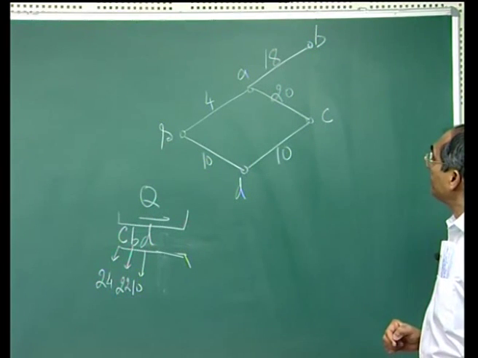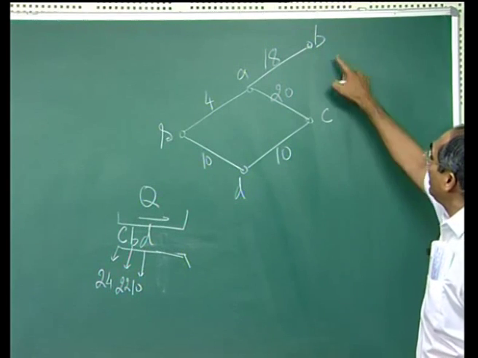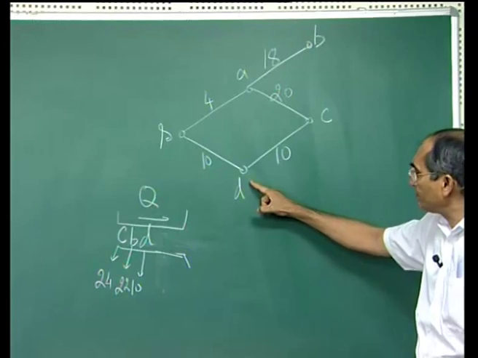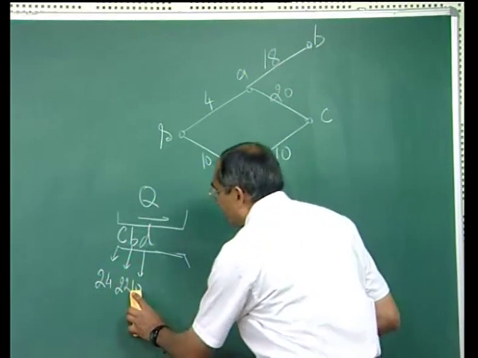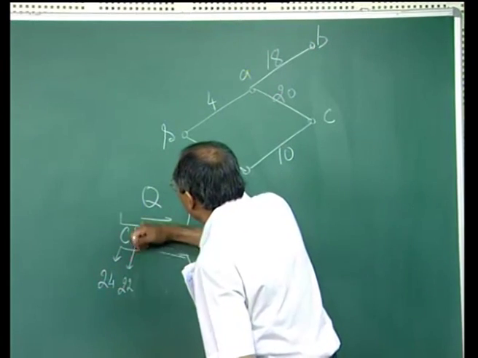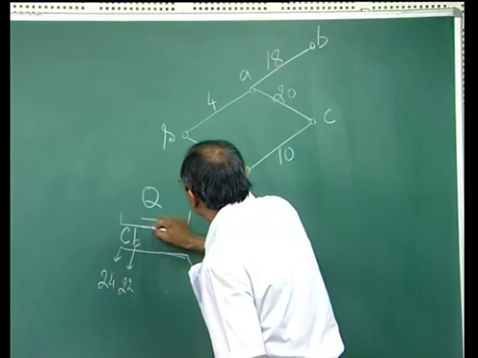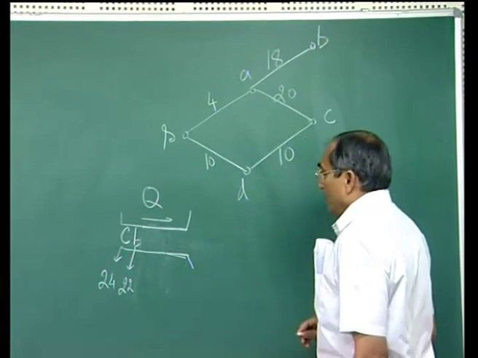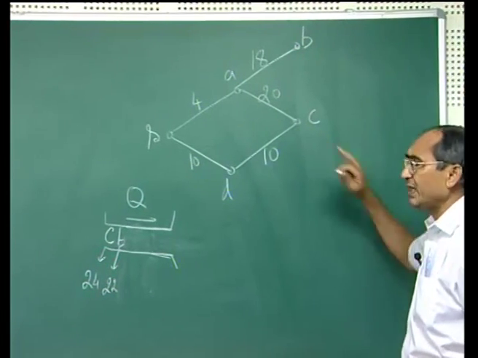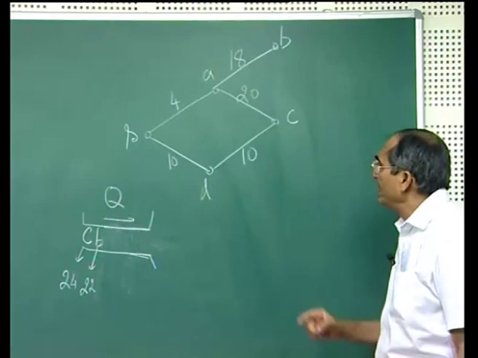And then we take D. So, D is taken off. Once D is taken off, we see that C is again a neighbor.